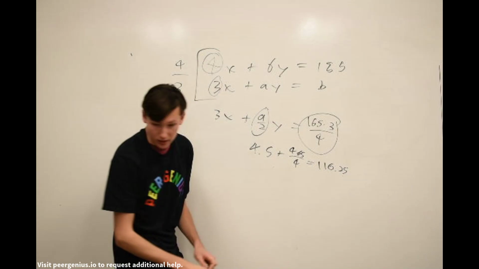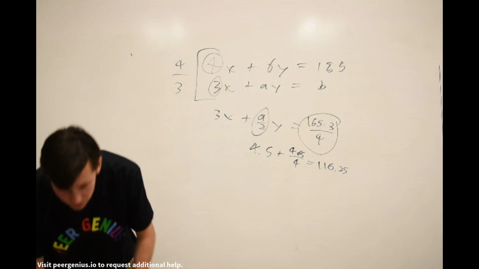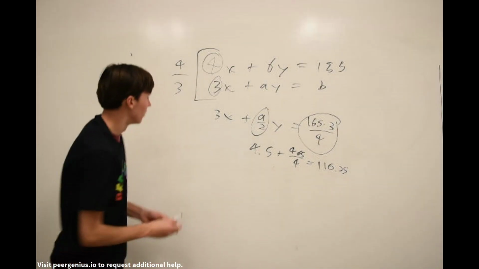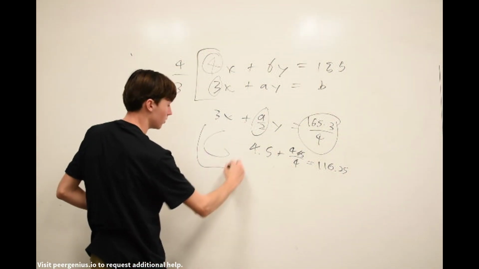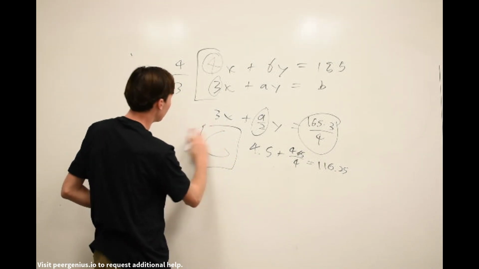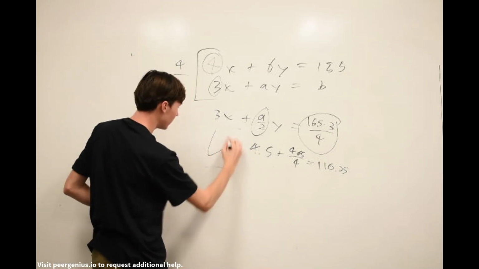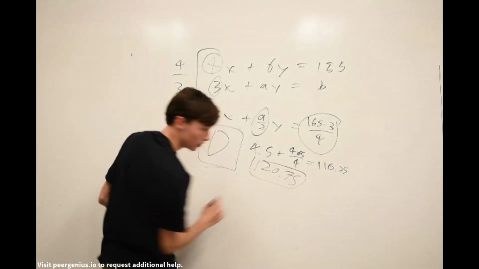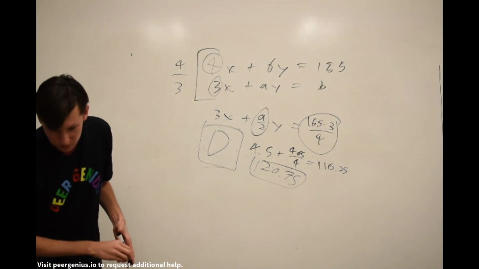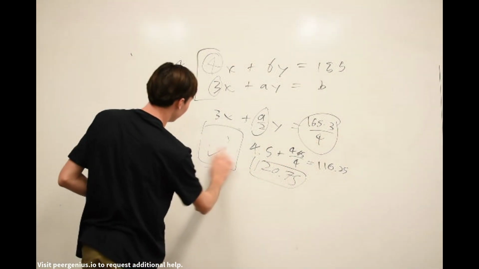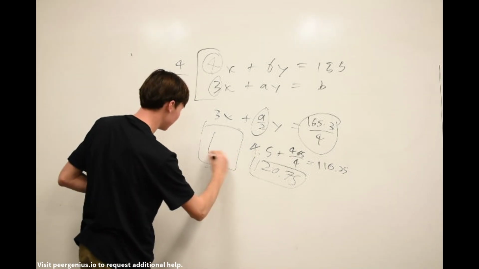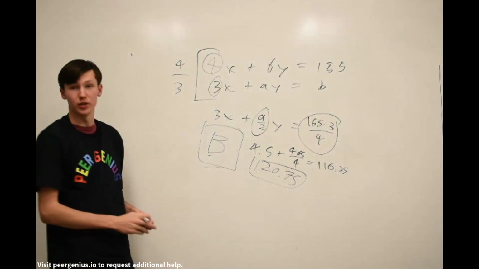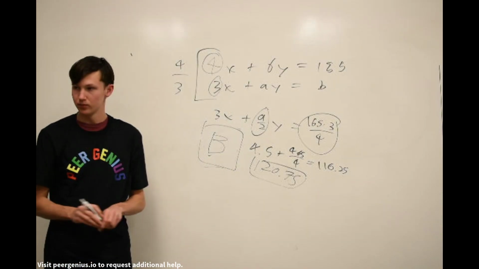And the value you get is 120.5, which is C. Oh wait, it's D. Sorry, it's D. You get 120.75. Well played, Ian. Yeah, so if you do your math right, you should get 120.75, which is B, which is the correct answer.